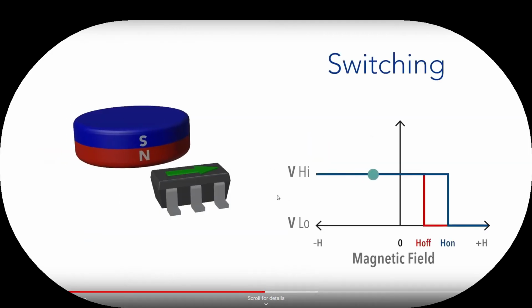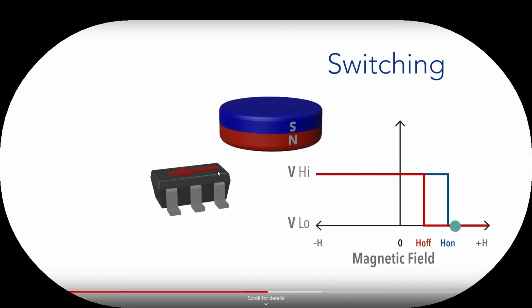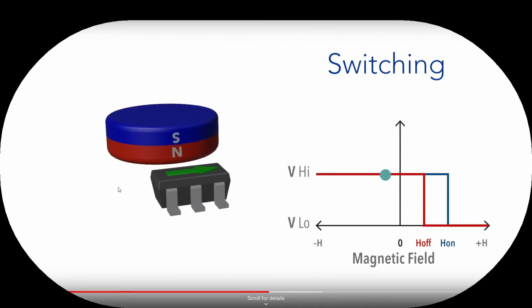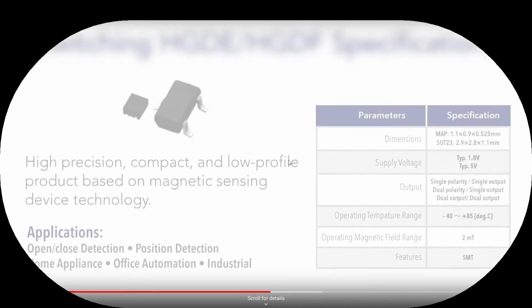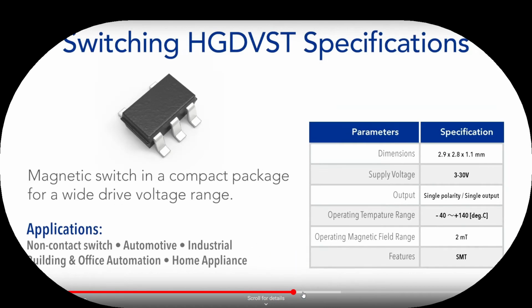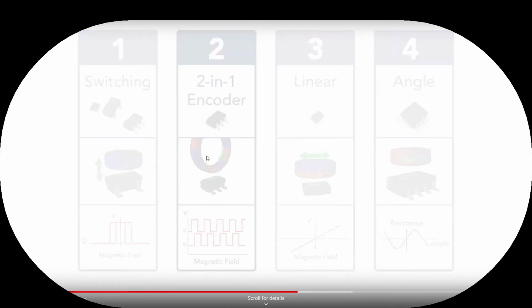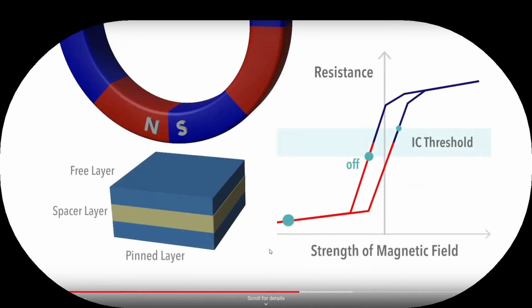You see here, you can also use switching as the linear movement. How much distance? What will be the linear distance here? Also, you can utilize it for encoding. As an encoder, if you rotate, it will change the polarities.